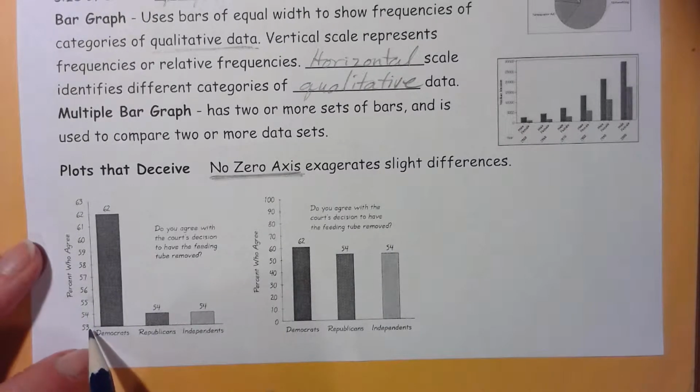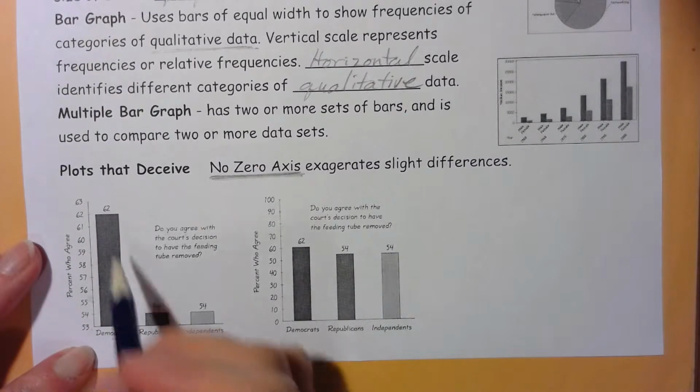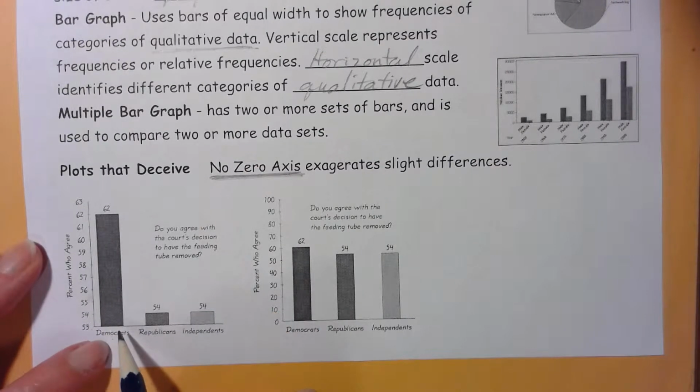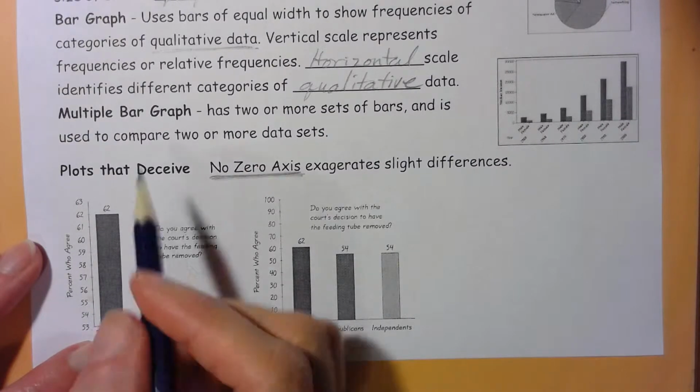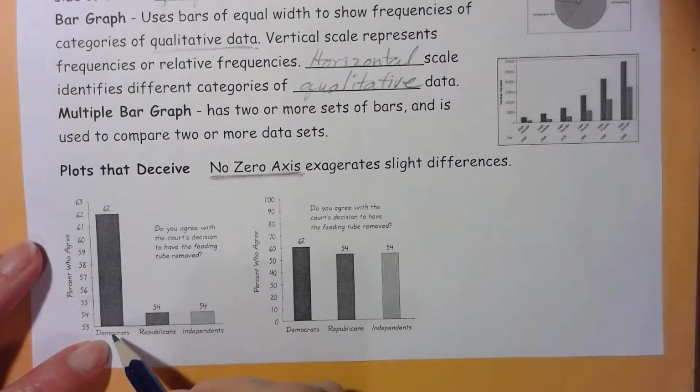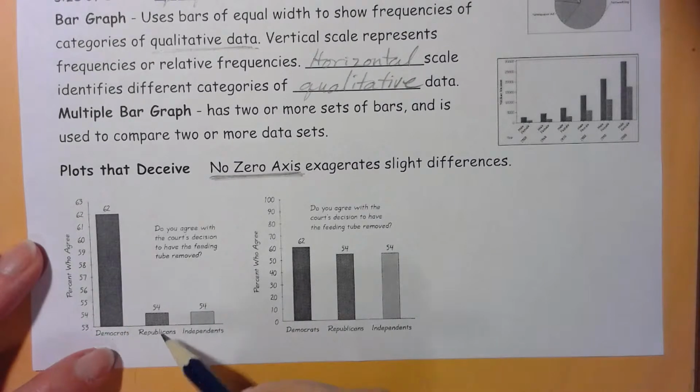But you can see here that this vertical axis starts at 53. So when we're looking at this, at first glance, it looks like these Democrats are heartless. I mean, almost 10 times the number of Democrats chose to remove the feeding tube in a court case or legislation or whatever, and just very few Republicans or Independents.